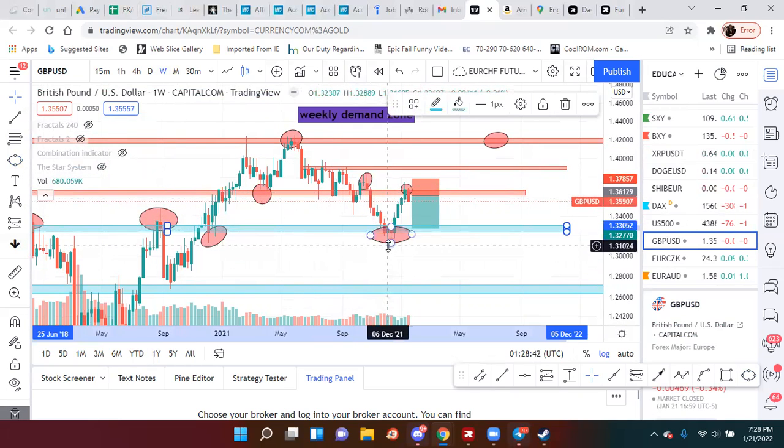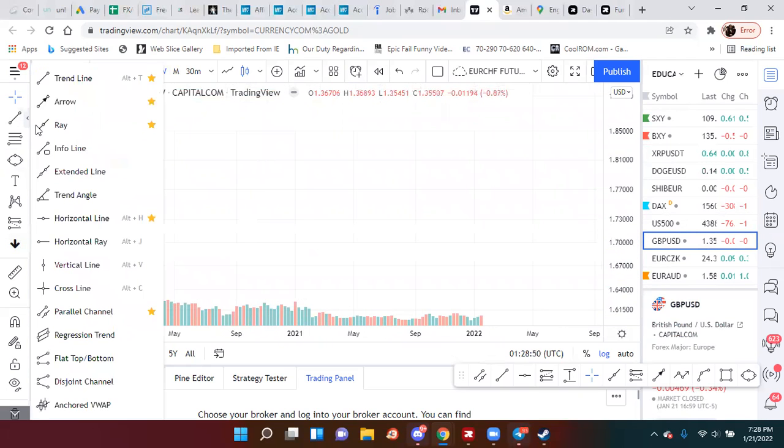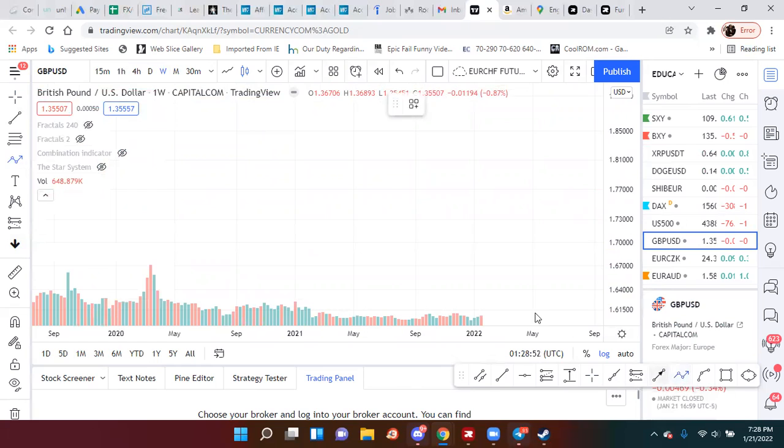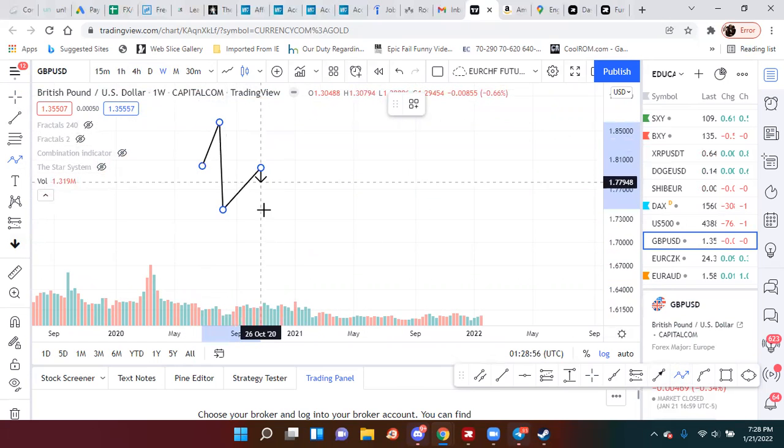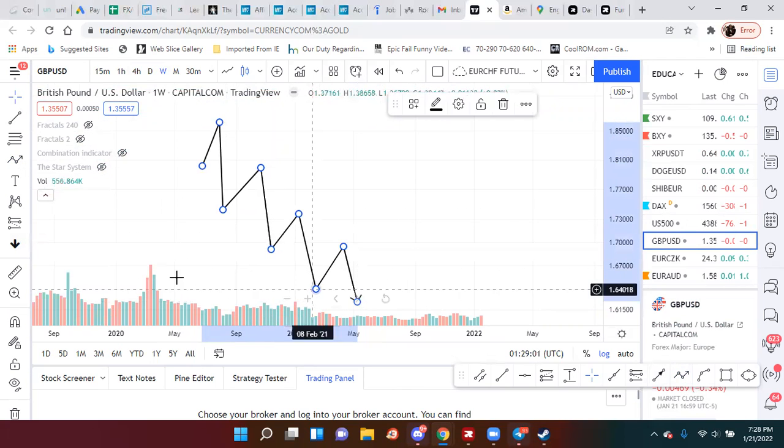It's not an uptrend until it takes out the last. Well, let's do it like this. Just remember that. I'm just refreshing the thoughts of the market.